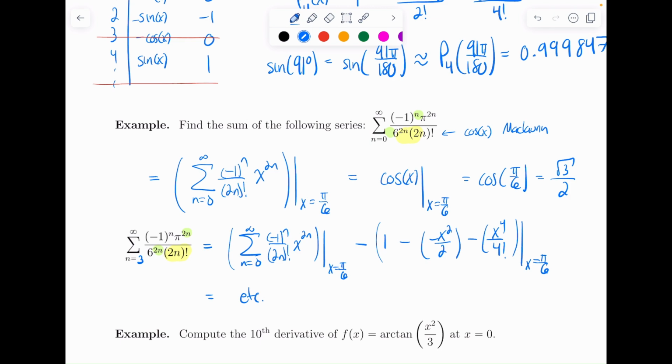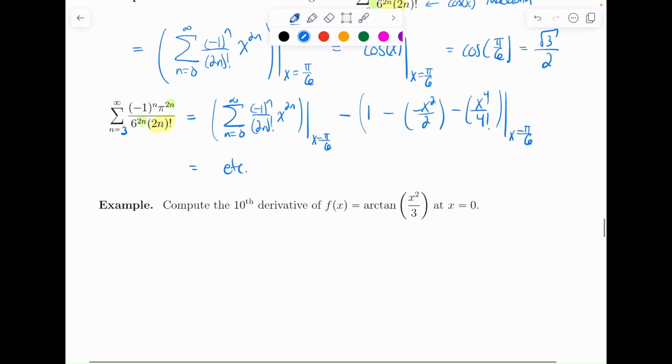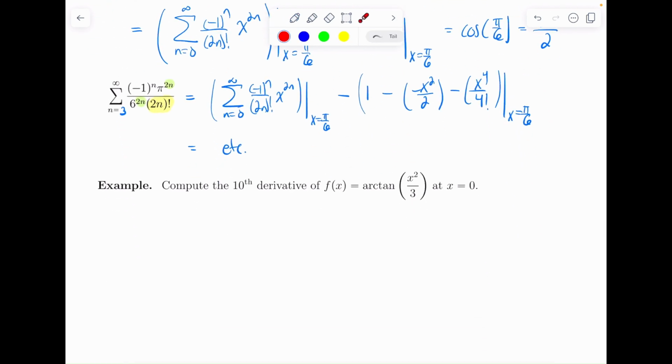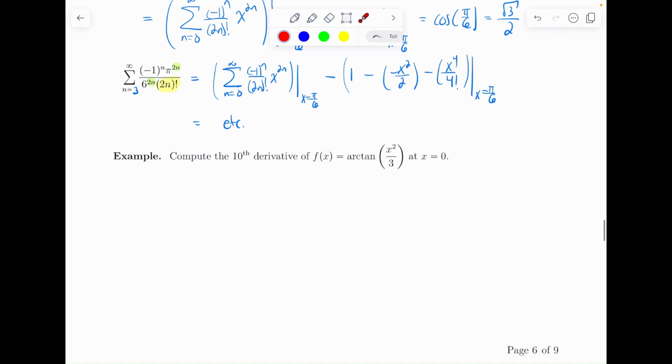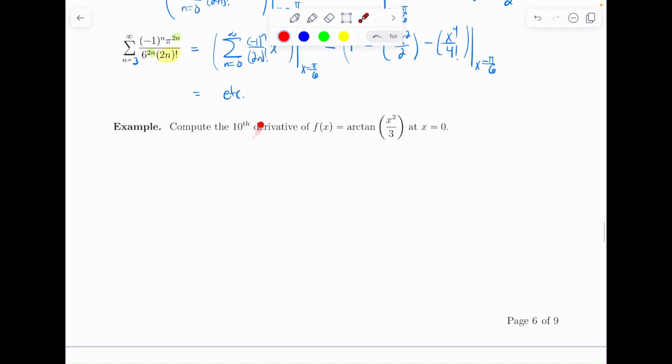Because the Taylor series is built off of infinite differentiation, you can actually use it to compute high-order derivatives of functions that have well-known Taylor series. So, for example, here, if I wanted to find the 10th derivative of arctan of x squared over 3, specifically at x equals 0, that's kind of the important part. This is the signal that you want to use a Maclaurin series.